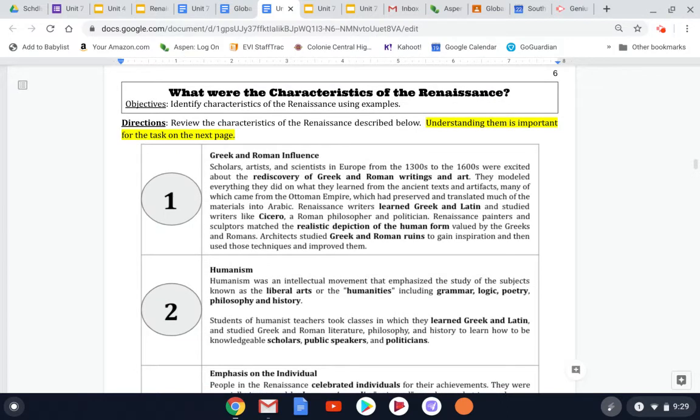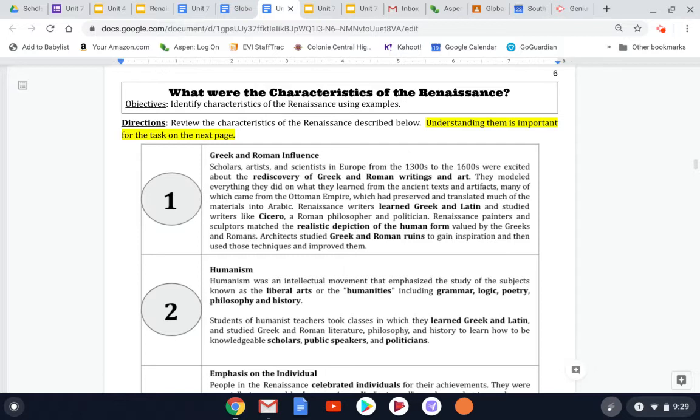Before I give you an overview of pages 6 to 7, what we've done so far in this unit is we've identified and defined what Renaissance means. It's a rebirth of a cultural movement and some old ideas.